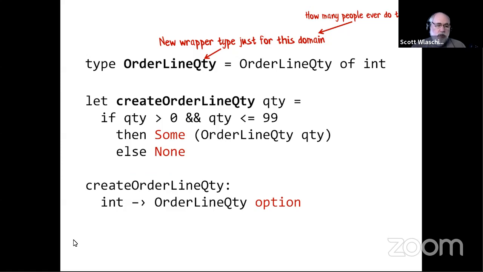So you're going to have to make a decision about what to do. Maybe you remove the item from the shopping cart, or maybe you just ignore the decrement and leave it alone. But whatever it is, you can't forget to handle this case, because the compiler will not let you have it go down to 0. So there's a whole class of bugs where you have 0 things in your shopping cart or negative numbers in your shopping cart. Those bugs cannot happen in this design.